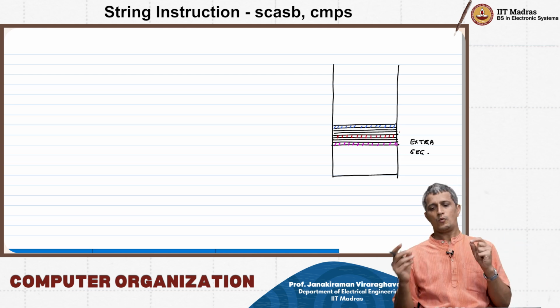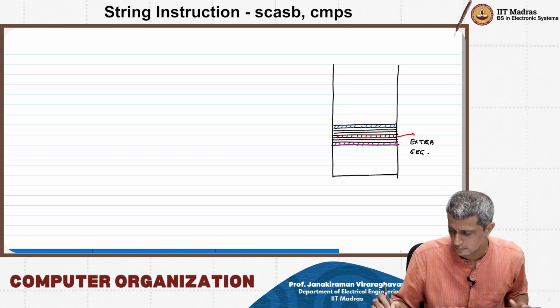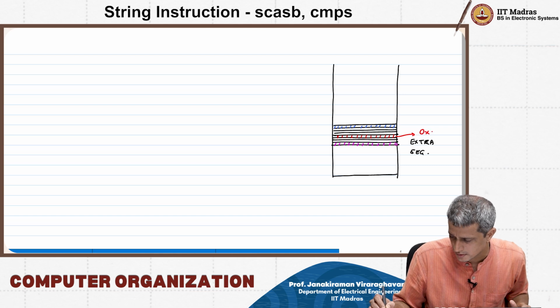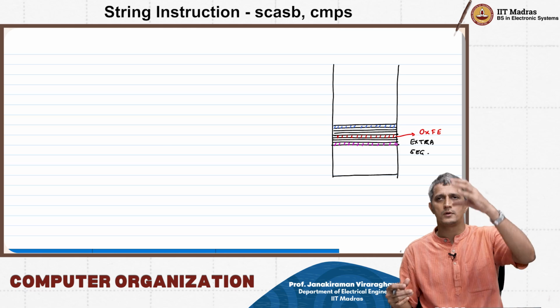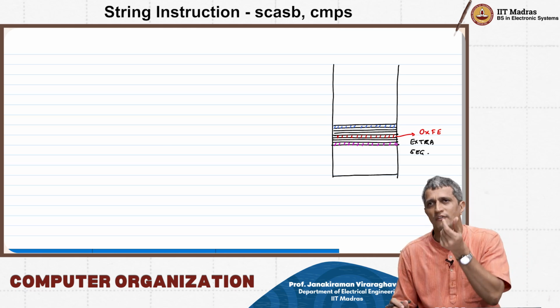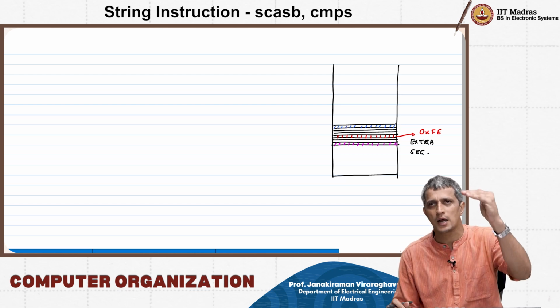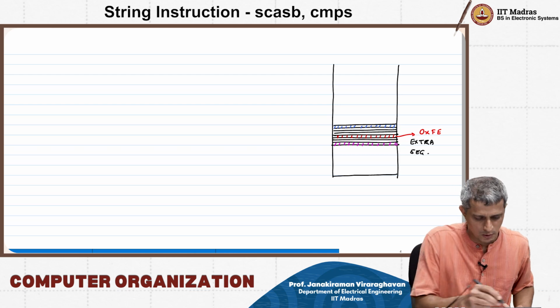Okay. Now let's assume that this red is some 0xFE. I want to see, starting from a certain address, does this value 0xFE occur within a certain range of that memory. Okay. So what am I going to do?